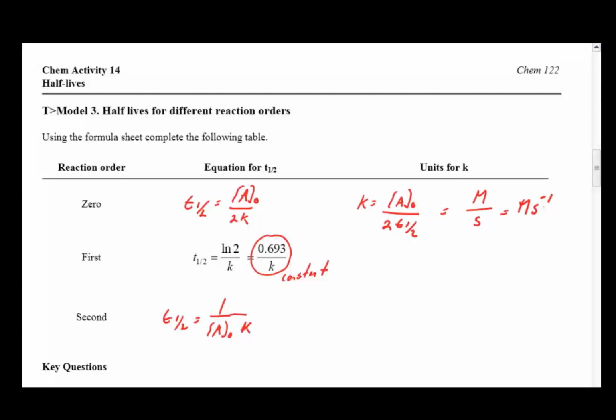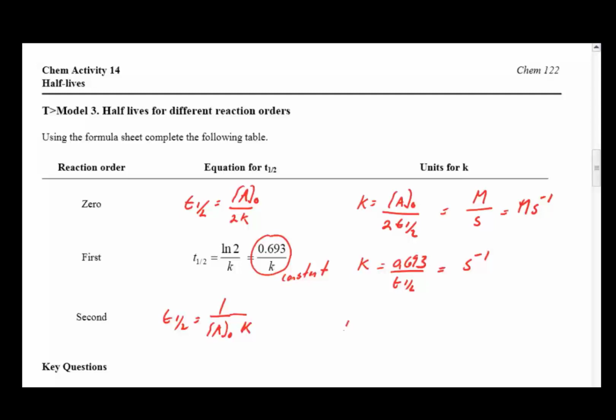We've already established, of course, that the units for K for a first order are second to the -1. Just to review, that'll be 0.693 divided by time 1/2. And of course, we'll measure the time 1/2 in seconds, and so this will be seconds to the -1.